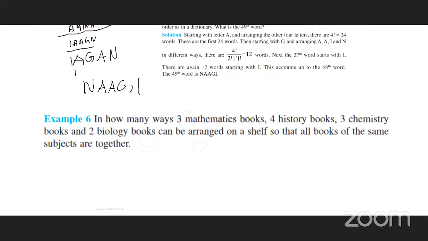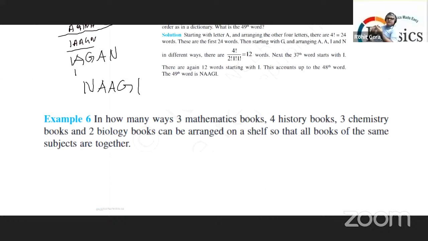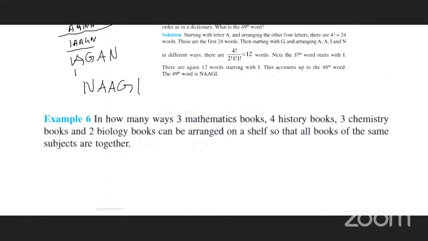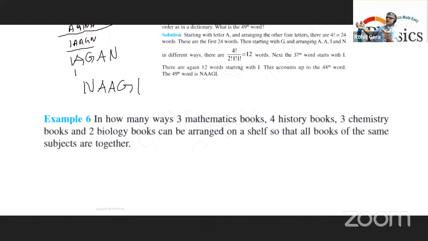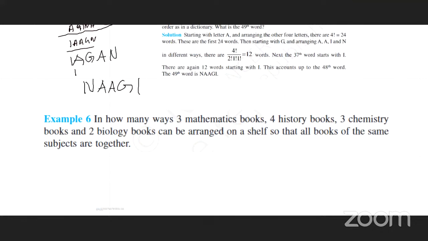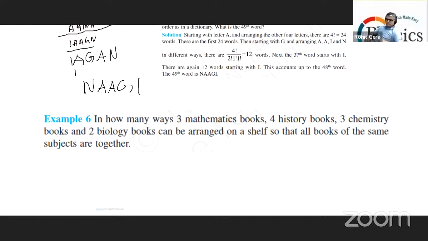History can be arranged in 4 factorial. Chemistry 3 factorial and 2 factorial for bio. Okay, agreed. And this is very similar to two students should always be together. So you make it one student.